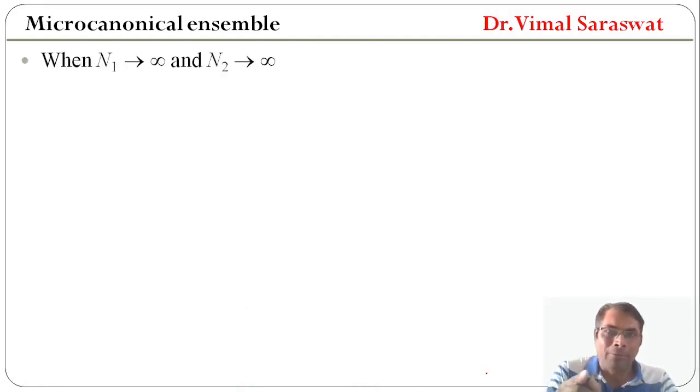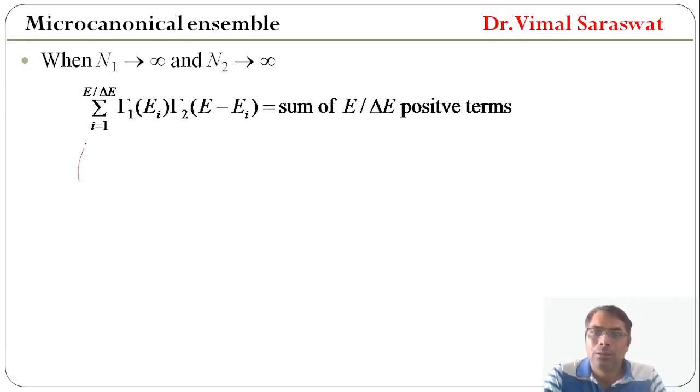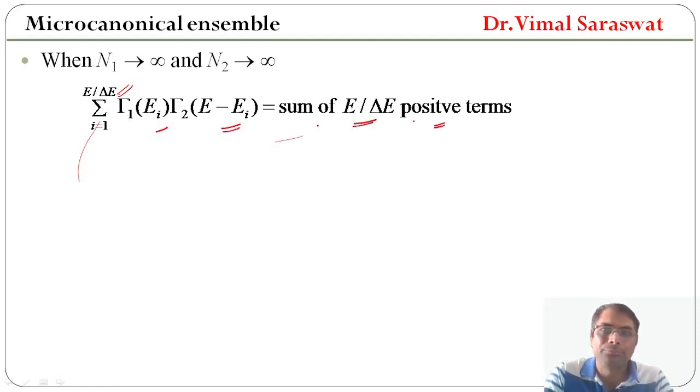When N1 and N2 are very large, it means N1 tends to infinity and N2 tends to infinity. The sum over i equals 1 to E upon delta E of gamma 1 Ei, gamma 2 E minus Ei is a sum of E upon delta E positive terms.